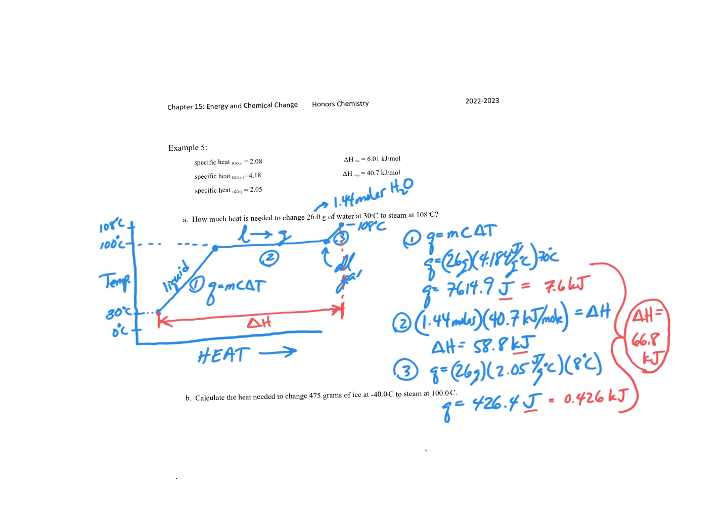So, again, my advice, always draw out the phase change curve, okay? So that you can see where temperature changes are, where phase changes are, and everything, okay?